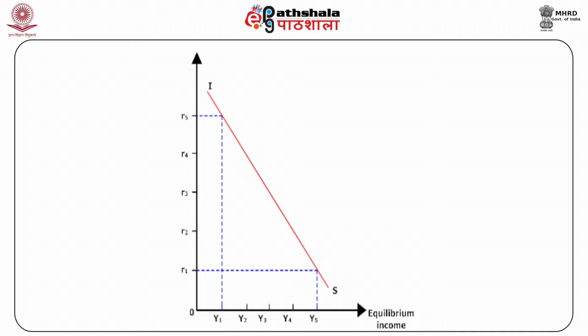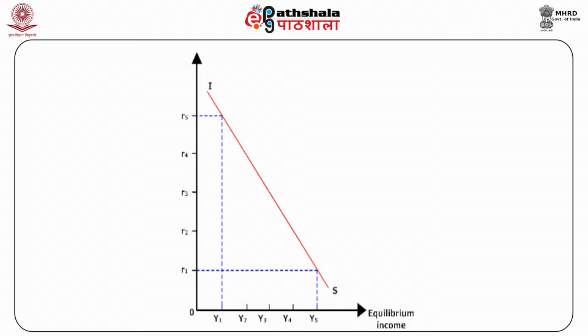When I5 is the volume of investment in the product market, for equilibrium to take place, savings should also be S5. So S5 would be equal to I5 only if the income level is Y5, and we know that Y5 is a pretty high level of income.